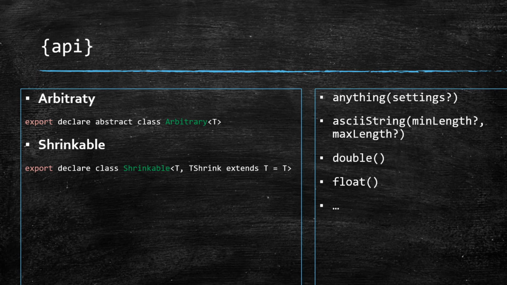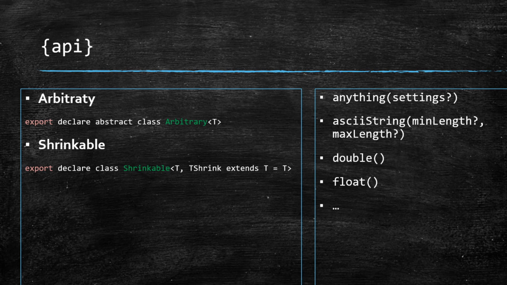We also have shrinkable. This class, as its name says, can shrink a t value into t shrink values that are indeed smaller. But also, in this API, as some of my colleagues said before, we have functions because FastCheck is filled with plenty of functions for any kind of data type. We have some more general functions like the method anything that allows us to test any type of values we want to use.